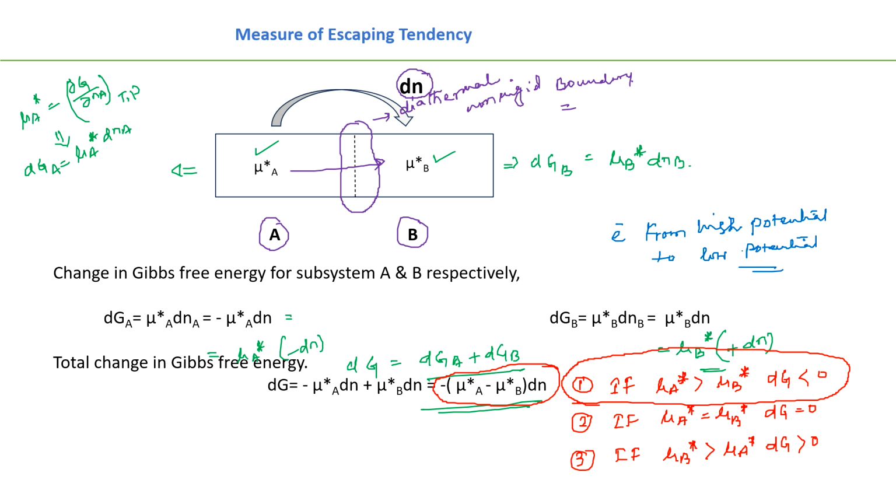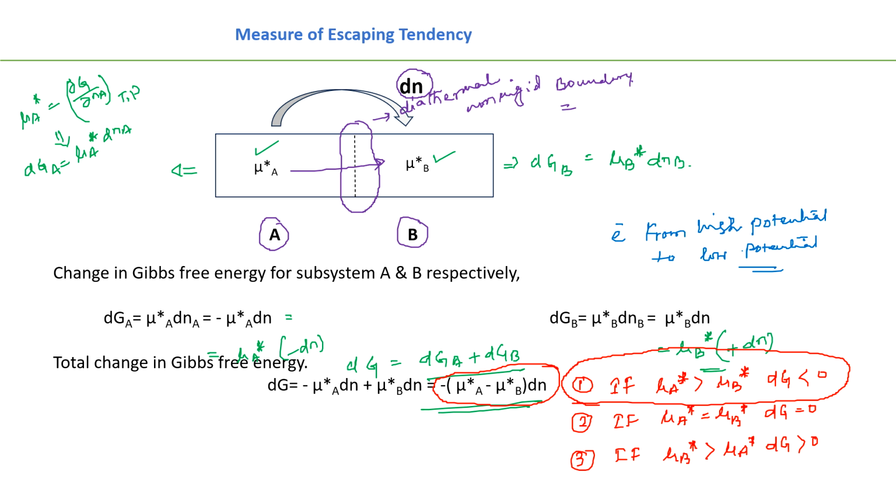Similarly, if there is a gradient of temperature, heat can transfer from higher temperature to lower temperature. The same thing happens in case of a gradient of pressure. Then also a frictionless boundary can move from higher pressure to lower pressure.